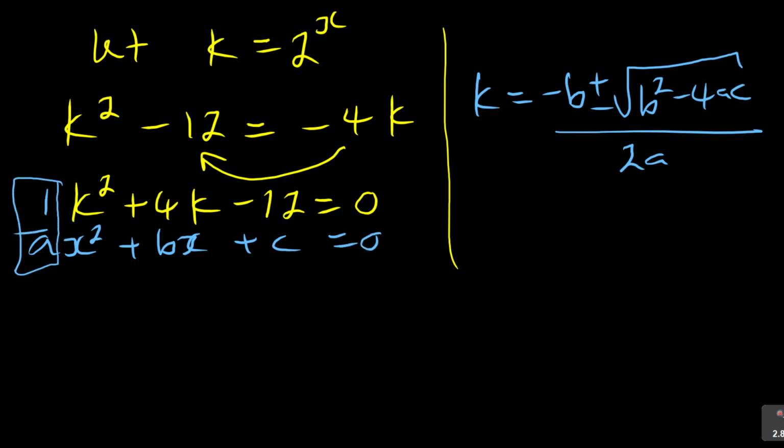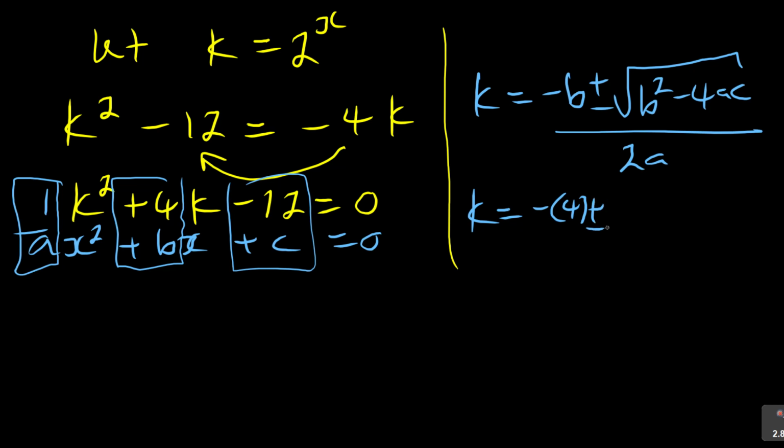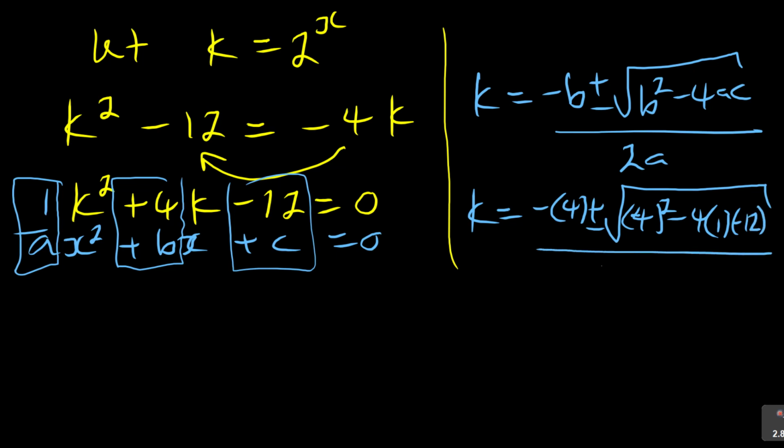If there is no number, a is 1. Look at b and look at c. It becomes easy now. So it becomes K is equal to minus b, which is minus bracket 4, plus or minus square root of 4 squared minus 4, a is 1, c is negative 12, all over 2a, a is 1.